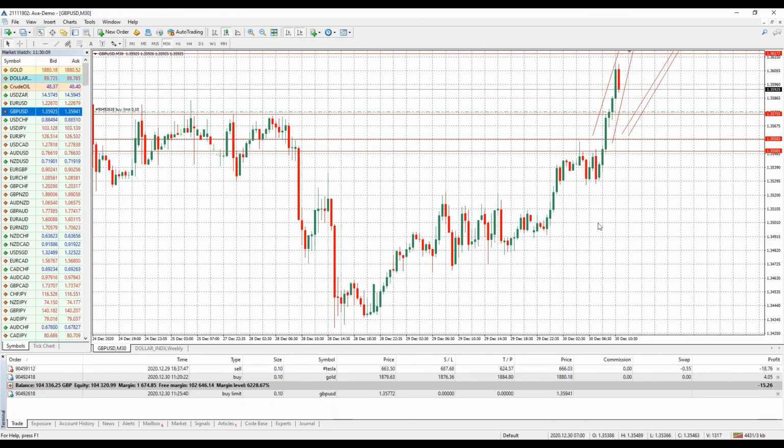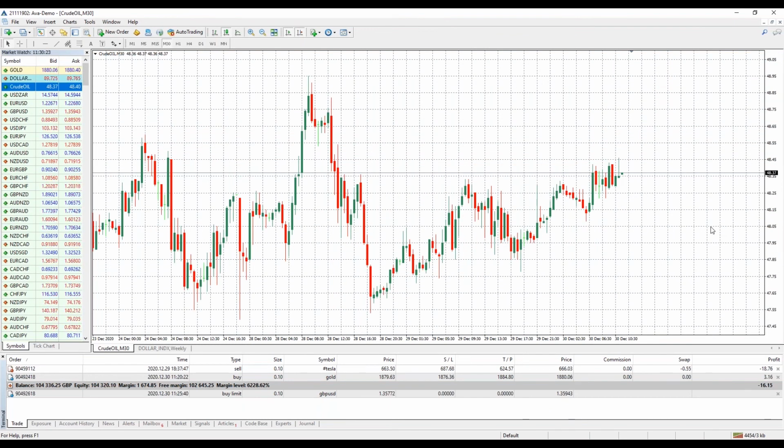Any other assets request? I see silver and oil has been requested. So silver will look similar to gold. Let's look at oil first. Oil responds bullishly to stimulus.